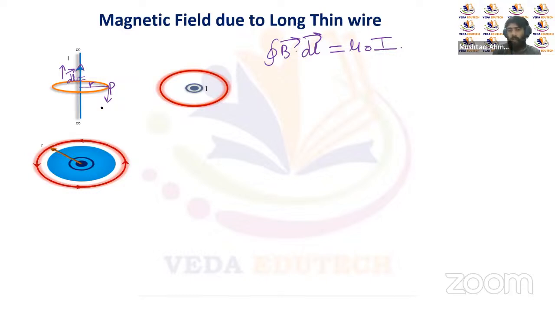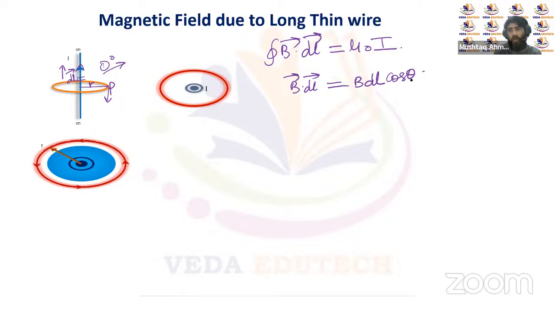If we calculate B dot dl, that will be equal to B dl cos theta. The angle between this dl and the magnetic field here is a 0-degree angle.